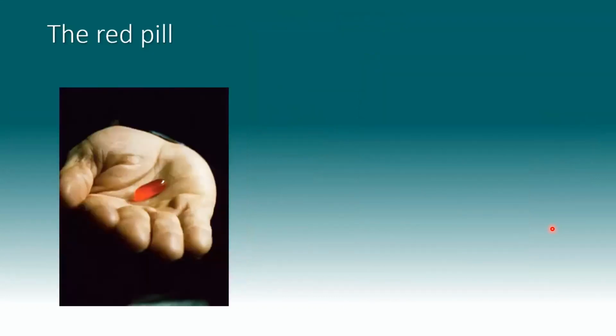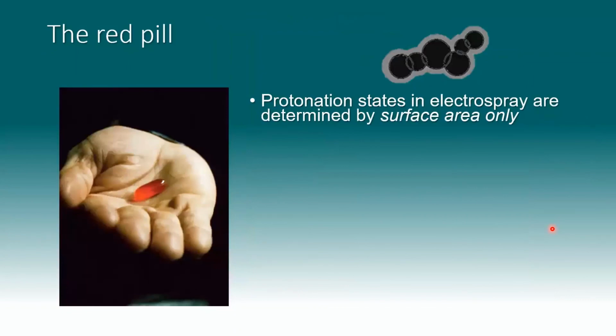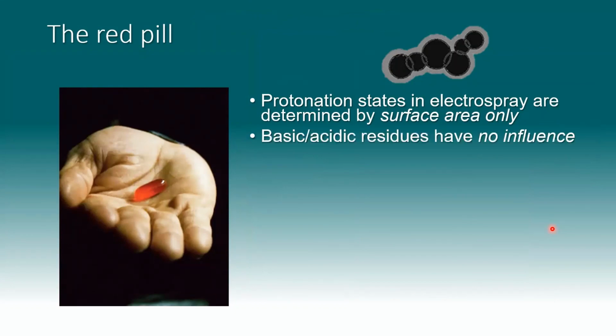So the red pill says that protonation states in electrospray are determined by surface area and surface area only. Basic and acidic residues within the sequence have absolutely no influence. This means the electrospray protonation state is completely independent of pH.